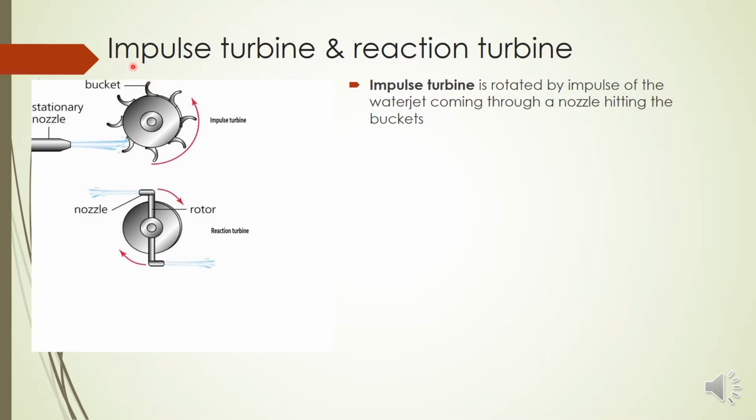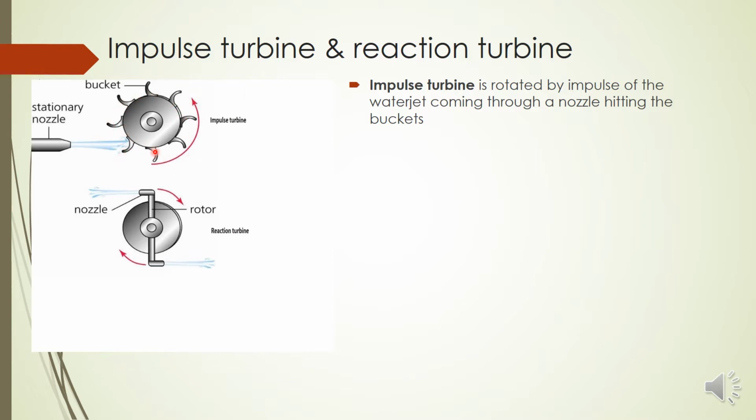Yes, as the name suggests, what do you mean by impulse? So impulse means, we have already studied it in physics. Impulse means a large force for a short period of time acting on a particular object. We call it as impulse. So here the turbine runner is rotated by an impulse of water jet. So you can see here the water is coming through the nozzle and hits the blade of this impulse turbine, the runner.